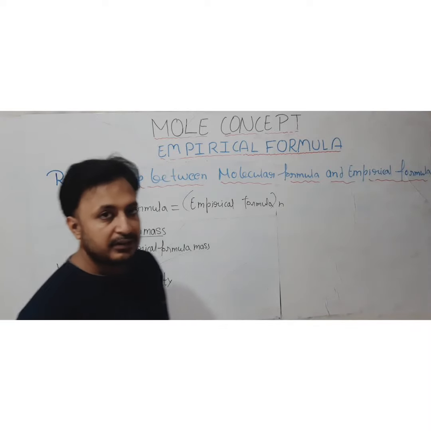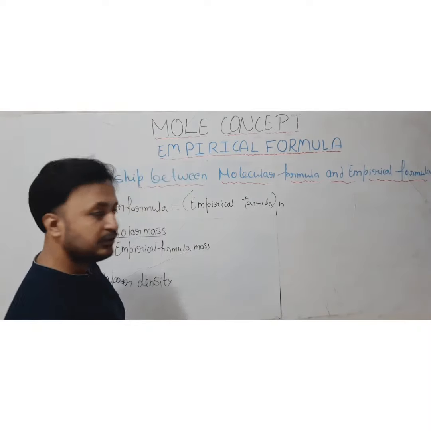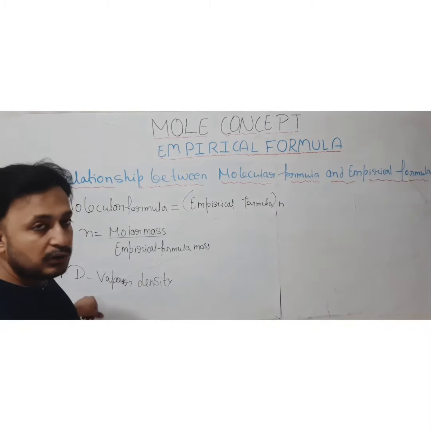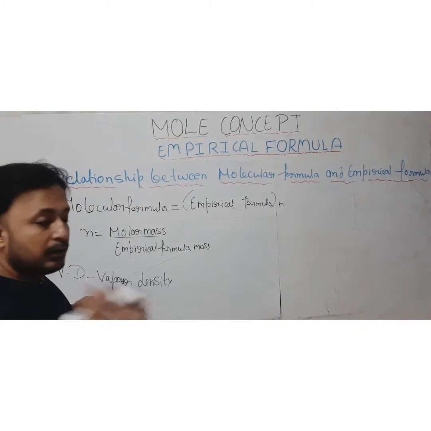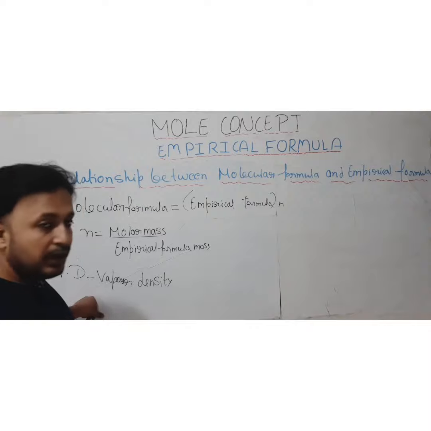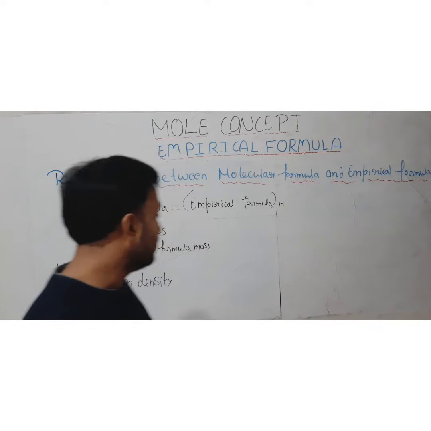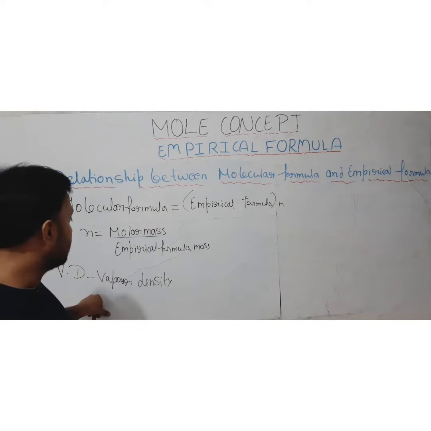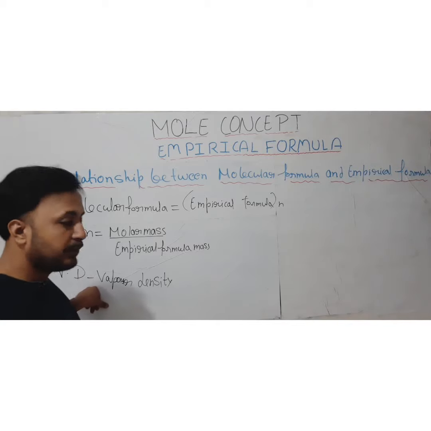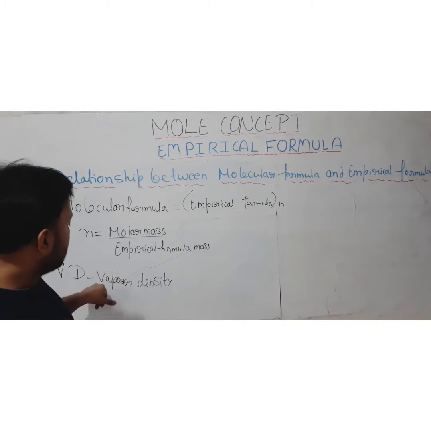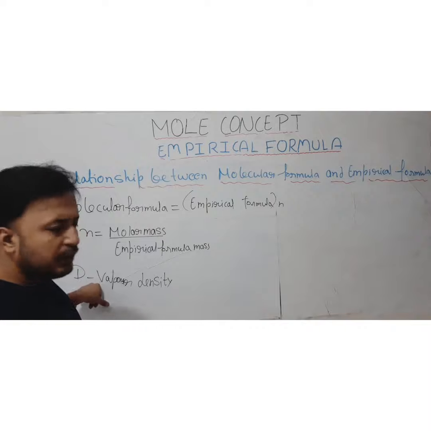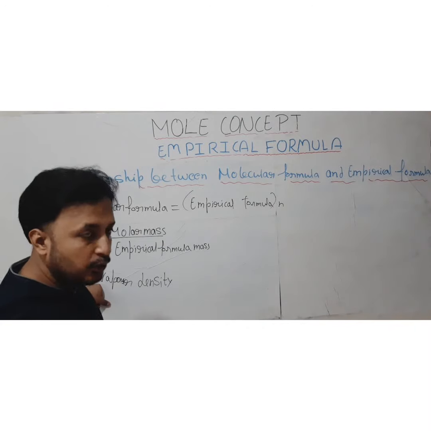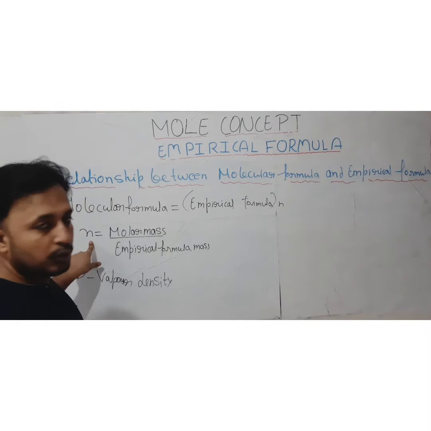Vapor density means the density of any substance in comparison to the density of the hydrogen gas. So the density of any substance when compared with the density of hydrogen is known as vapor density. And we don't have to calculate the value of vapor density, it will be provided to you when you are going to calculate the value of molar mass.